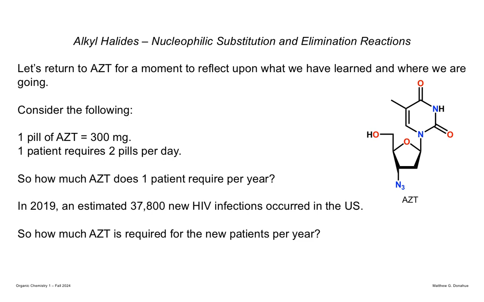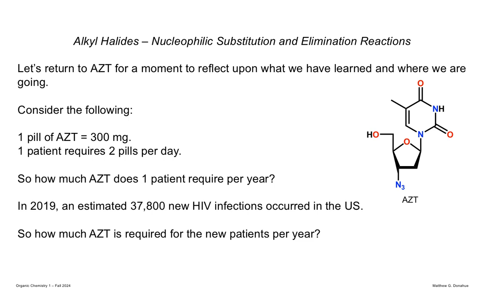In 2019, it was estimated that 37,800 new HIV infections occurred in the US. That's just the new ones, not counting the existing ones. So the question is, how much AZT is required to be produced per year?